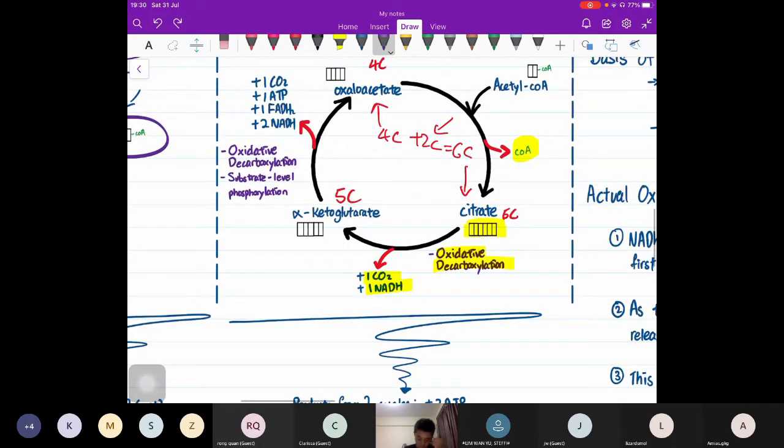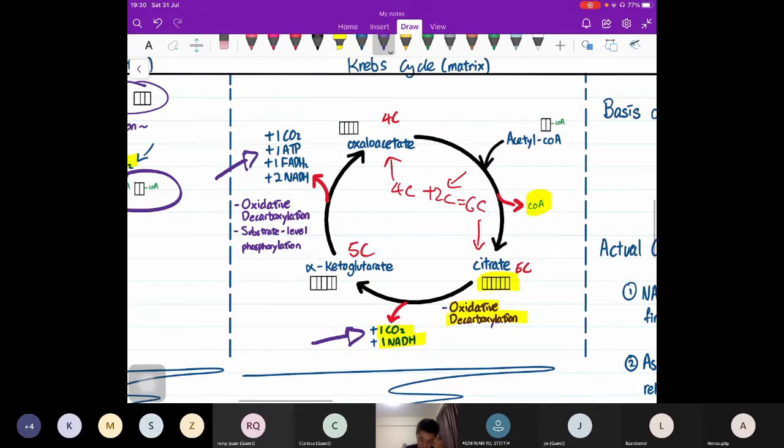You only have these 2 things to remember as products, and of course coenzyme A, but that's not very important. Just remember that as long as you lose a carbon, it has to come out as CO2. That's how you can help to remember your compounds.